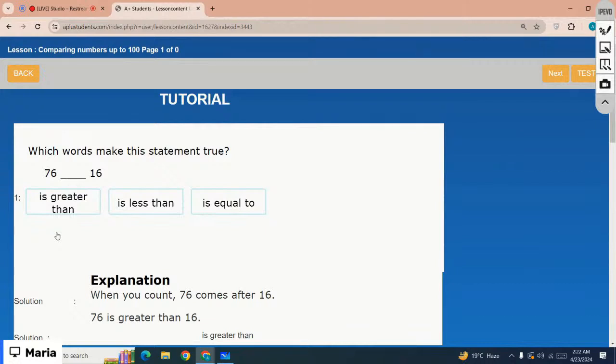When you count, 17 comes after 16, right? So that means 76 is greater than 16, right? Because 76 comes after 16.